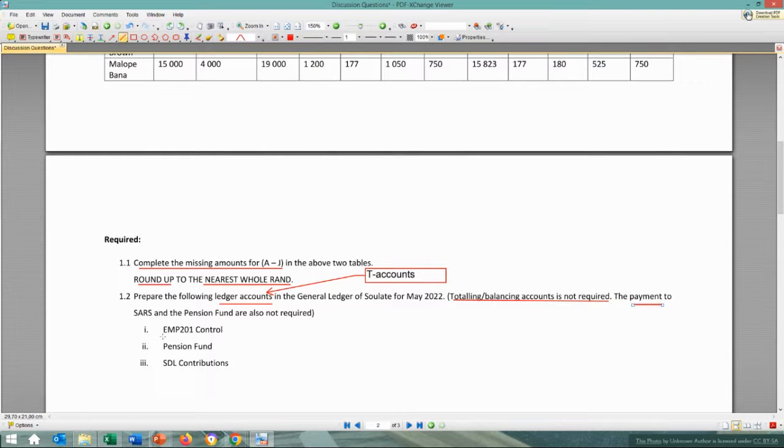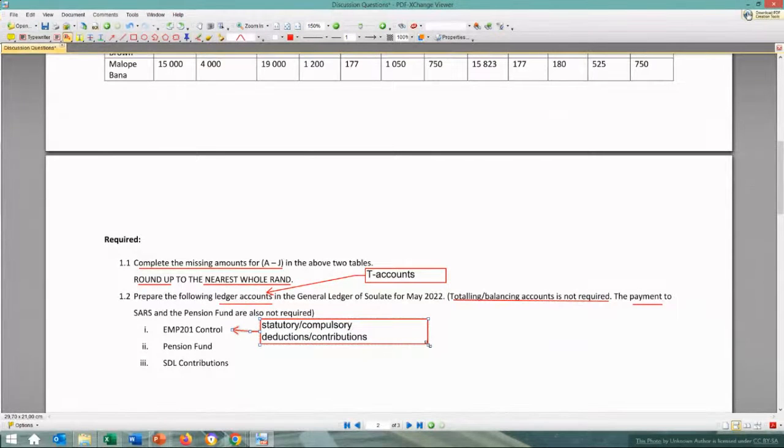So the three accounts we have to do is the EMP201 control account. So this is for all your statutory or compulsory payments, deductions or contributions. Okay, so that is your UIF, your SDL, your pay as you earn will go to that one.